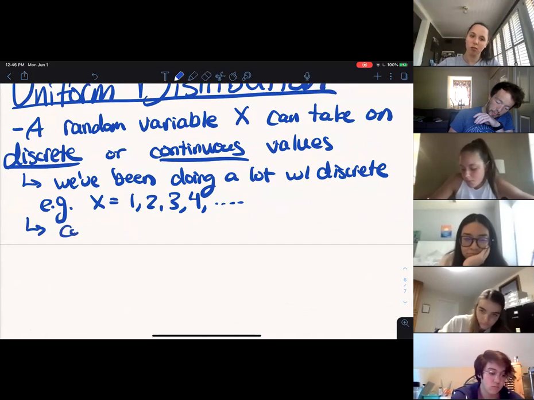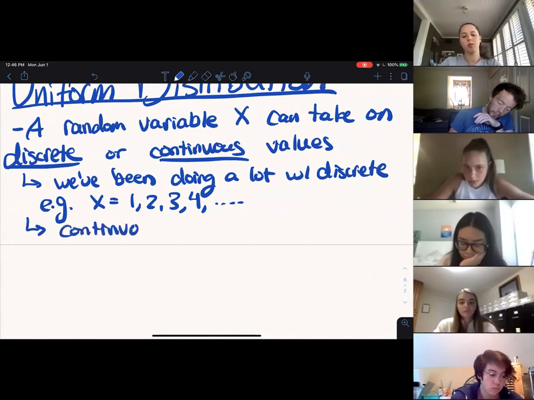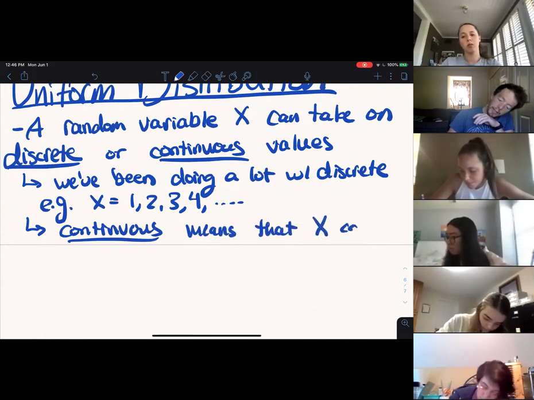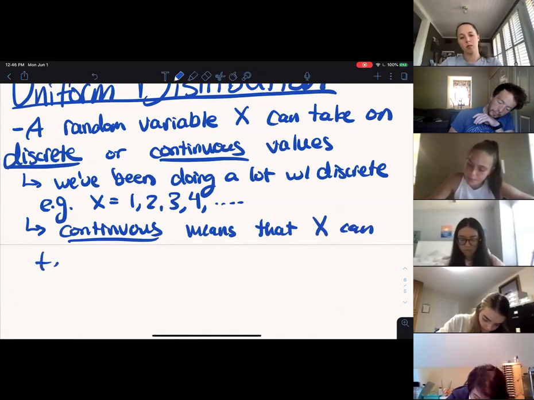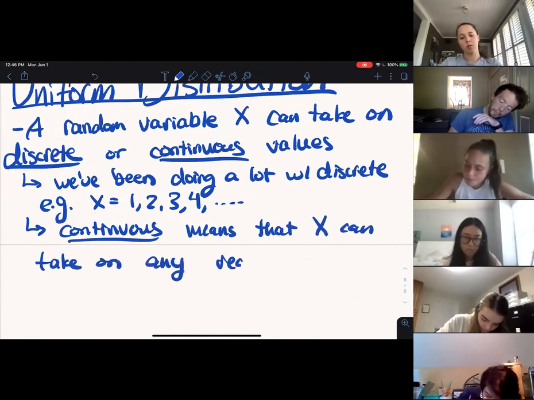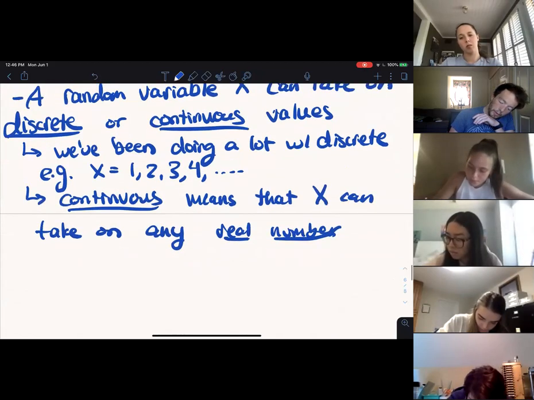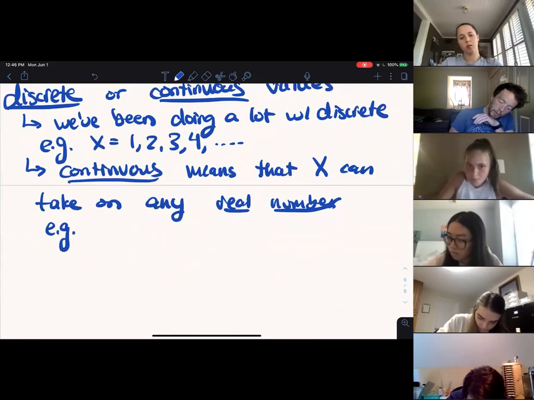Continuous means that x can take on any real number. So our example of this was when x is normally distributed.